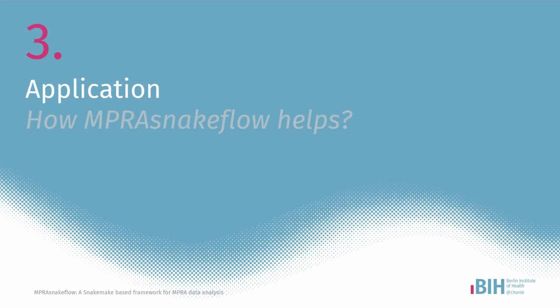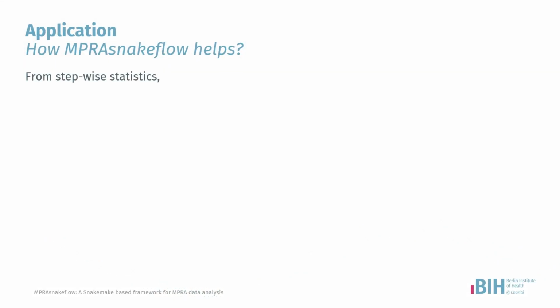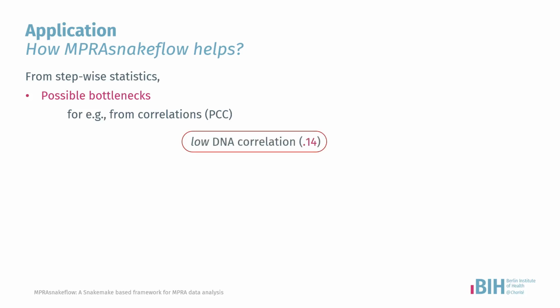Because of the nature of how MPRAsnakeflow performs its statistics, which is the step-by-step process, it enables the program to identify possible bottlenecks. For example, if we look at the end correlations, which is usually in Pearson correlations, and we see that there is a low DNA correlation at 0.14, at this point, we can say that there is a DNA bottleneck, but that's not good enough for the experimentalist.